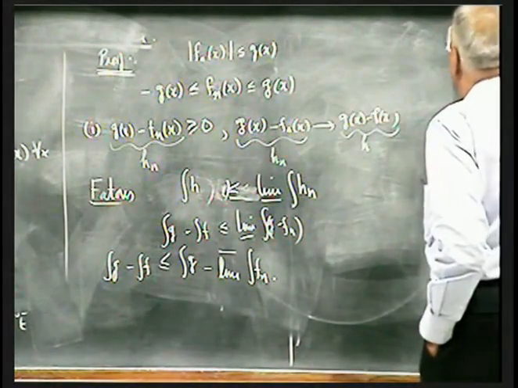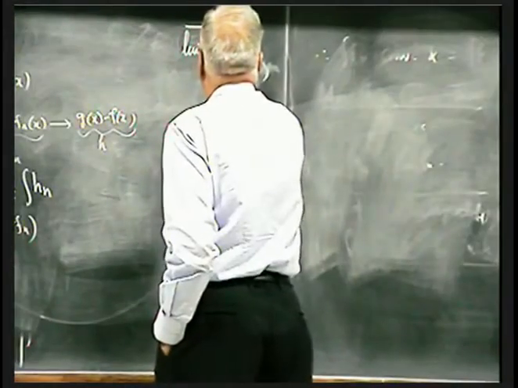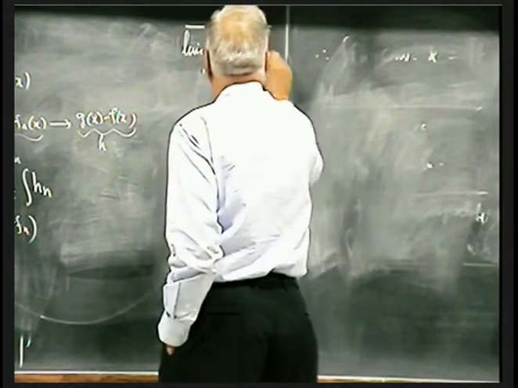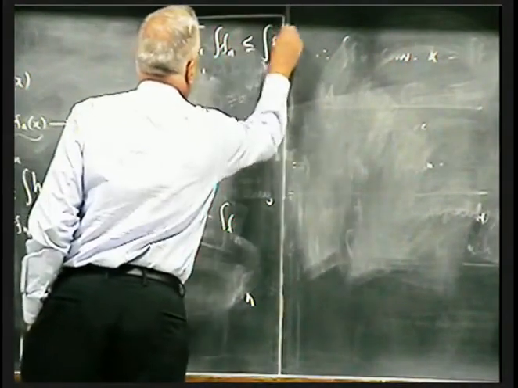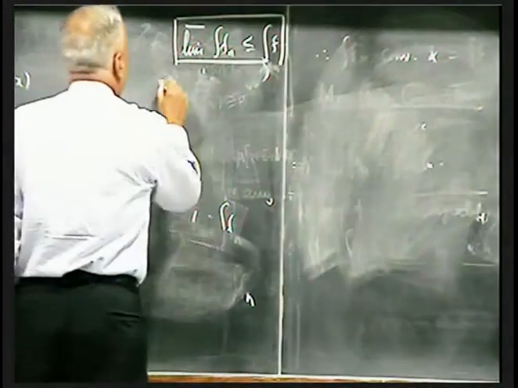So the lim sup of the integral of fn is less than or equal to the integral of f. Take this to this side, and the g cancels. So this is what we get by using this part. Now use the other part similarly.